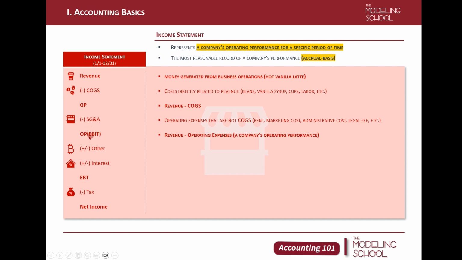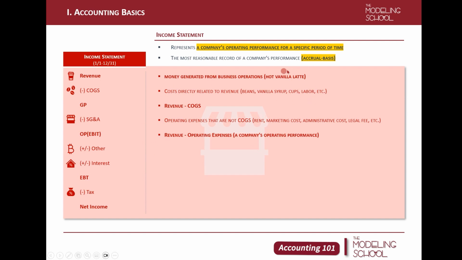Operating profits mean profits from the company's core operations. So anything below operating profits is going to record anything that's unrelated to your core operations.